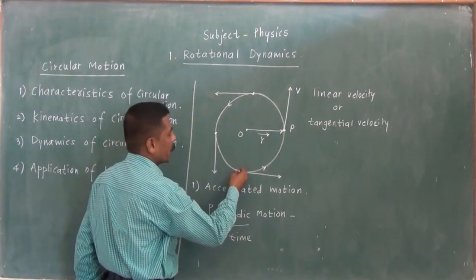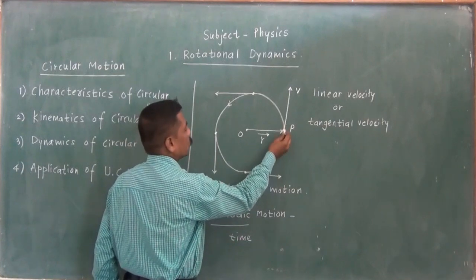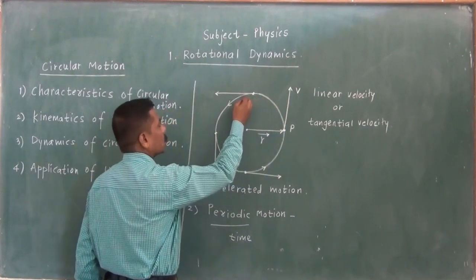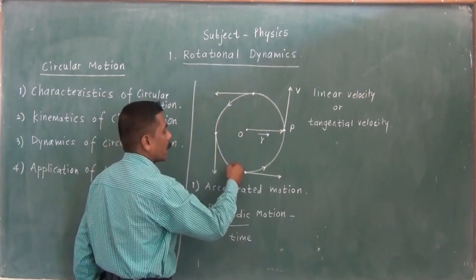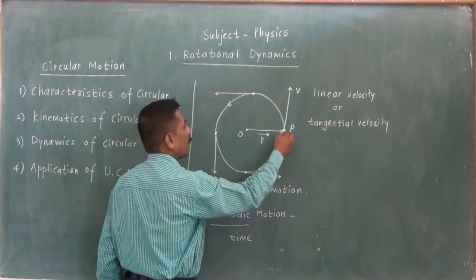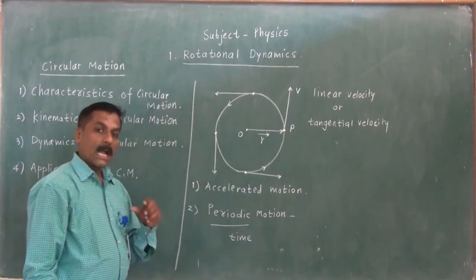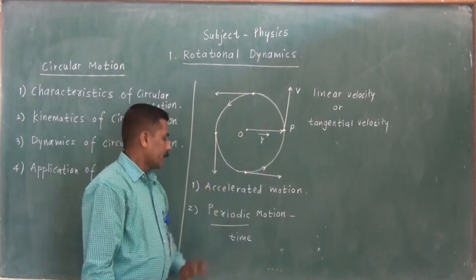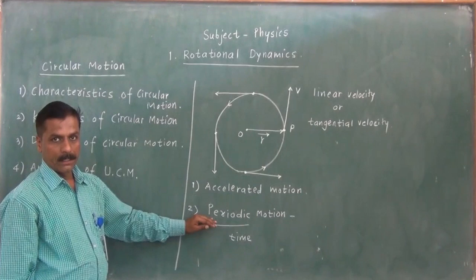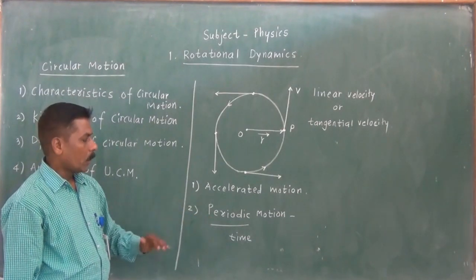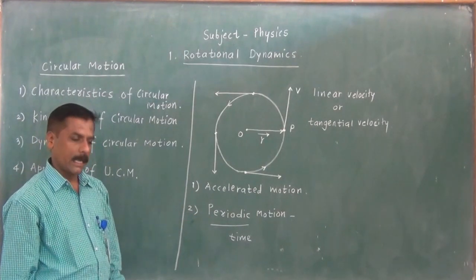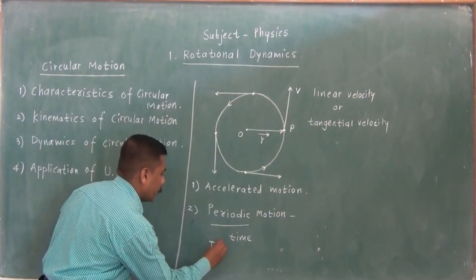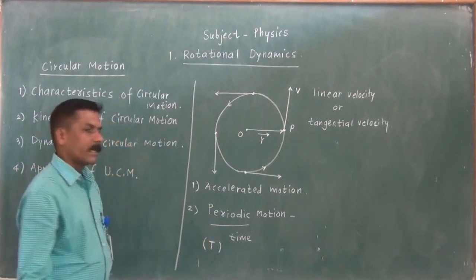Here the particle is moving along the circumference of the circle. Suppose the particle starts from P, moves along the circumference of the circle and again comes back to point P. The time required to complete this one revolution is called the period, or the periodic time. And this period or periodic time is represented with capital T.